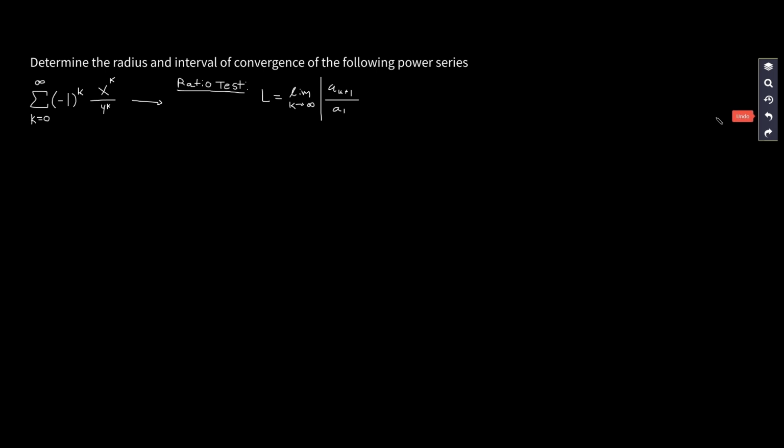That's a sub k. Hold on. It's a subscript. A sub k, absolute value. And so we take the limit of a sub k plus 1 on the numerator and then a sub k in the denominator. We take the absolute value of that as the limit approaches infinity. And what's that going to tell us? It's going to tell us that if the limit is less than 1, then the series converges.